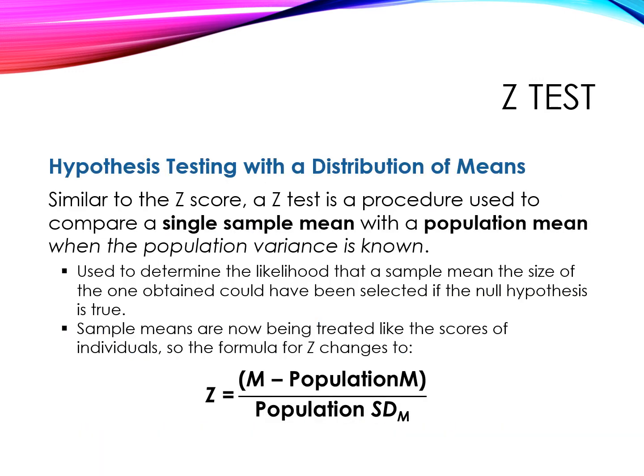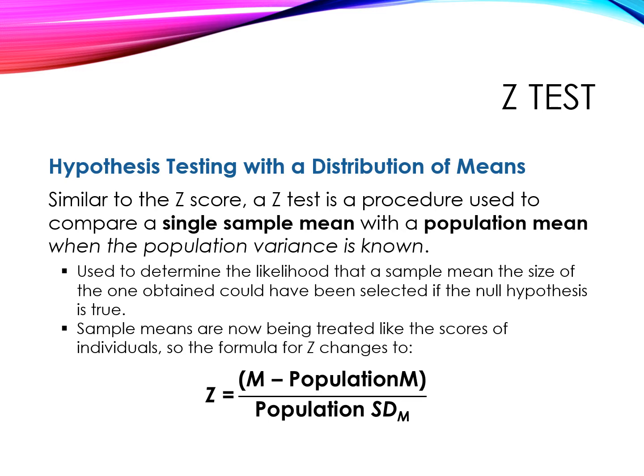All right. So a z-test is very similar to a z-score. It is a procedure we use to compare a single sample mean with a population mean when the population variance is known. So if you do know the population variance, then you are able to do a z-test.